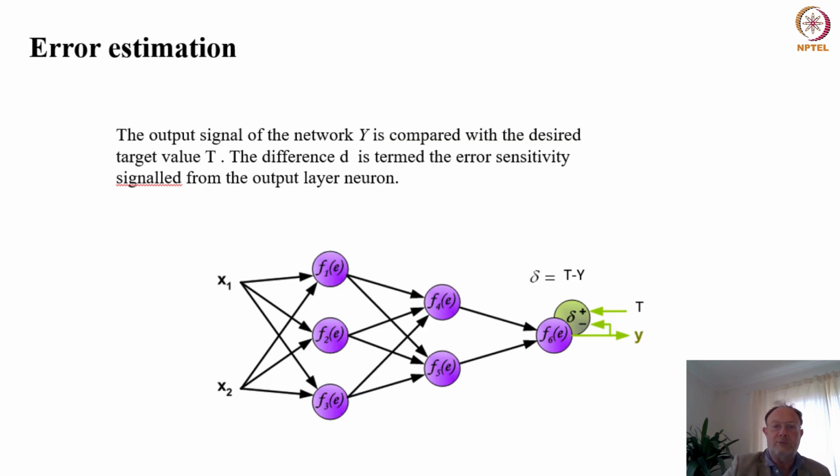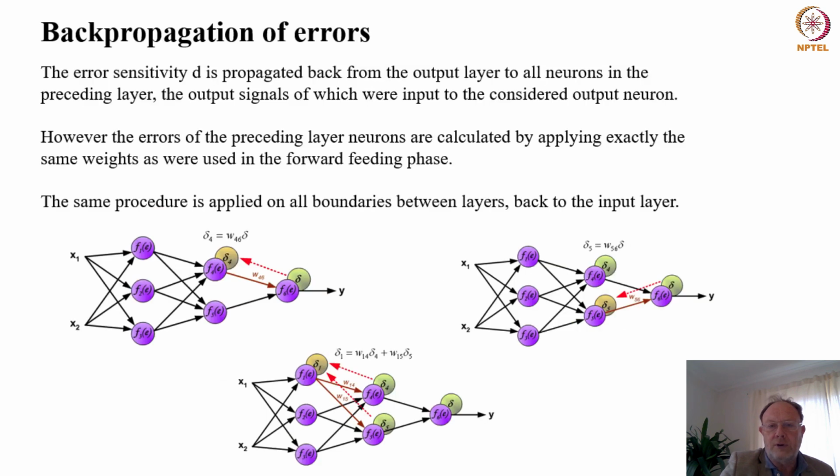The next phase is that when we reach the end, we calculate this value, which we call the error sensitivity measure, which is simply the difference between the target value and the output value. And having done that, we can start what's really the backpropagation.